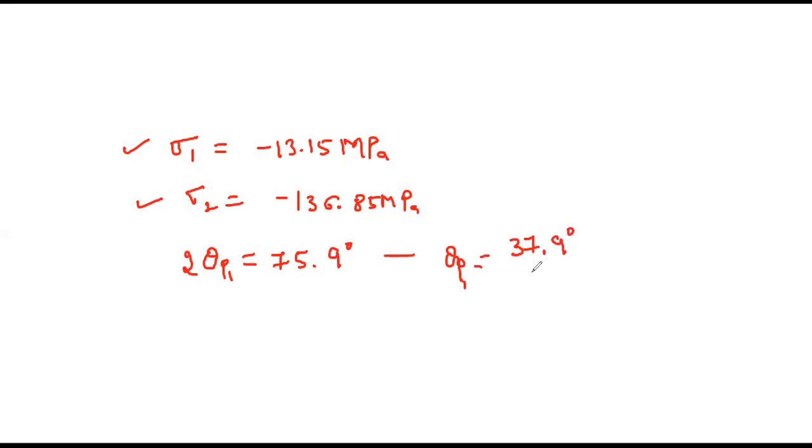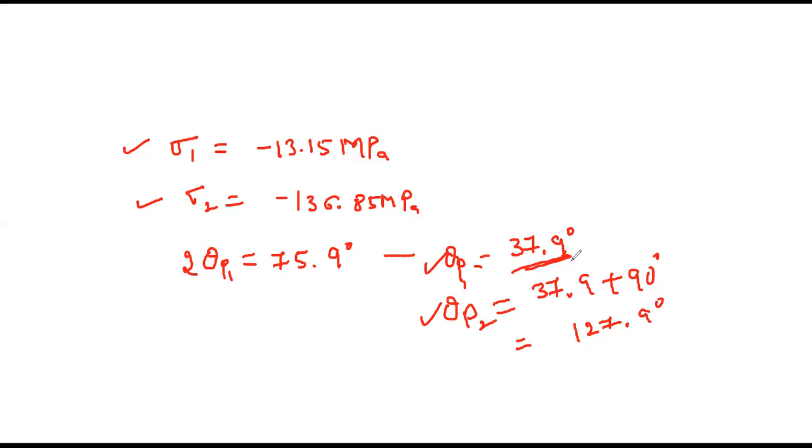Then theta P2 will be 37.9 plus 90, so it will be around 127.9. So these are the locations of principal stresses, 37.9 degree and 127.9.